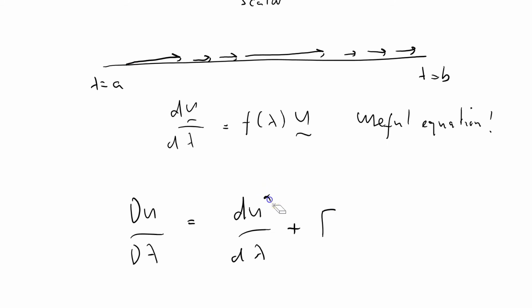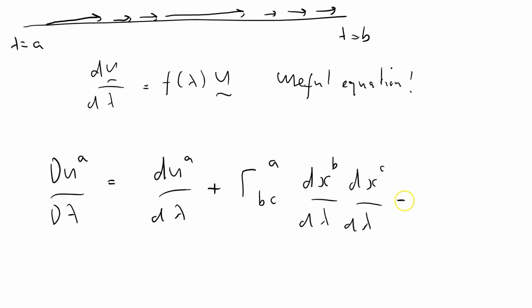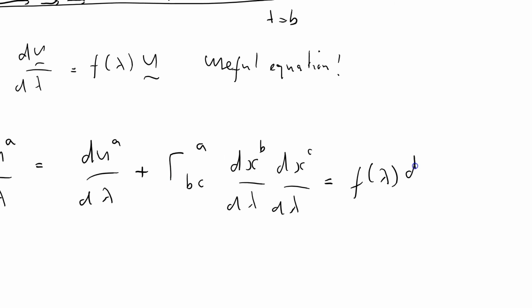I'll do it in Romans, so there's an a, and this one's an a to match it. We've got a b and a c downstairs, dx b by d lambda, dx c by d lambda, equals f of lambda, before we had 0 of course, times dx a by d lambda.